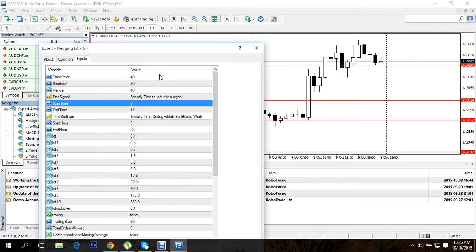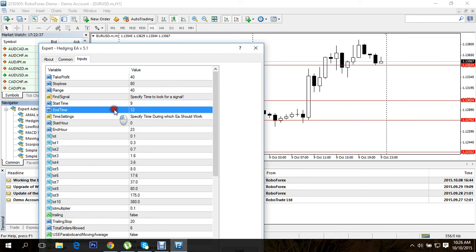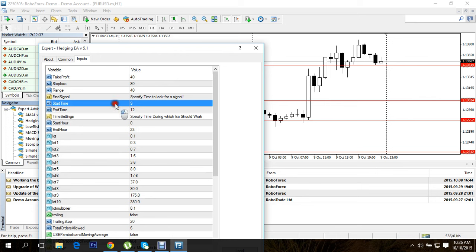So it doesn't change much. People who are experienced and know when this market changes a lot can put their times in these two variables, so that this EA should start only between those times.